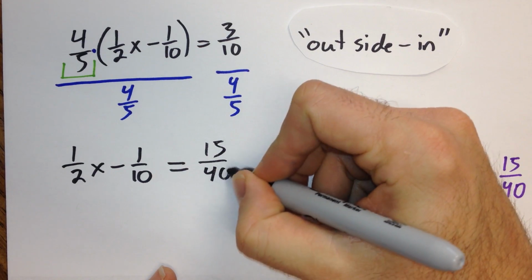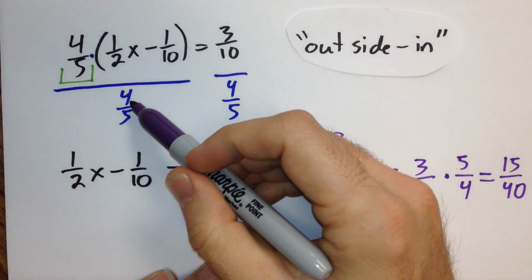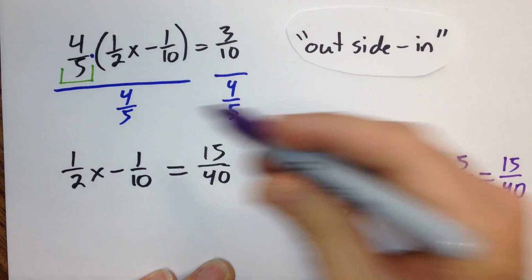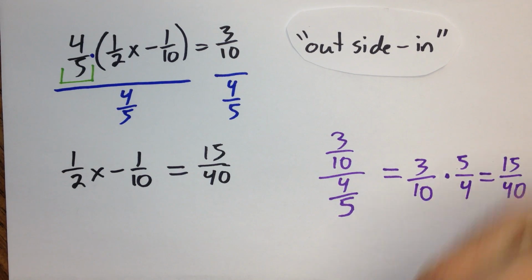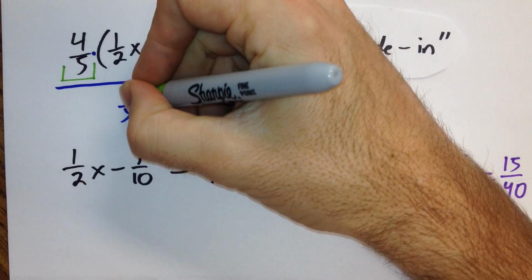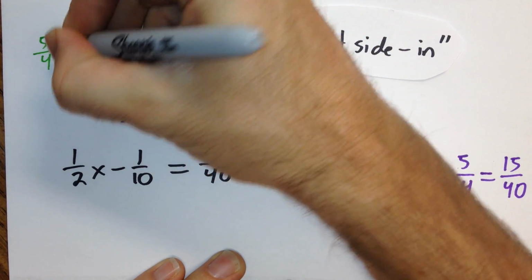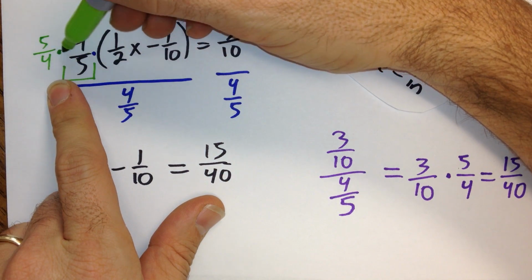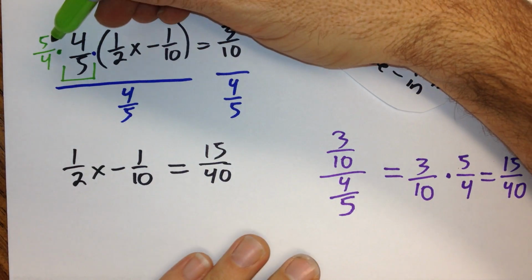Let's put 15/40. Let me just say a quick little note, and the note is that dividing by 4/5 and multiplying by 5/4 is the same thing. So instead of writing the division here, I could have written multiplied by 5/4, and I would have had the same thing going: 5 divided by 5 and 4 divided by 4 would have both given me 1.